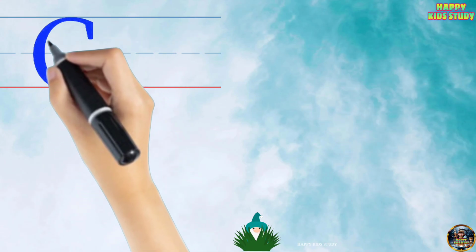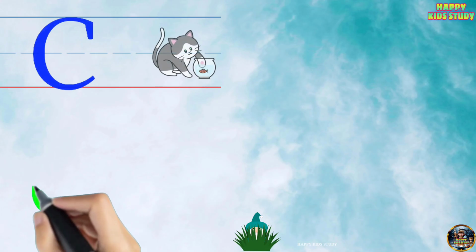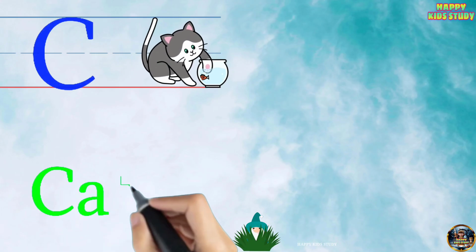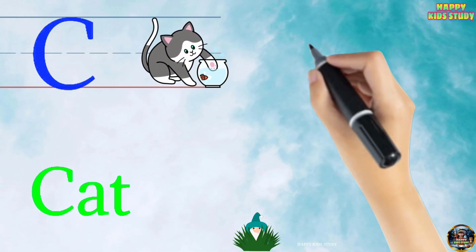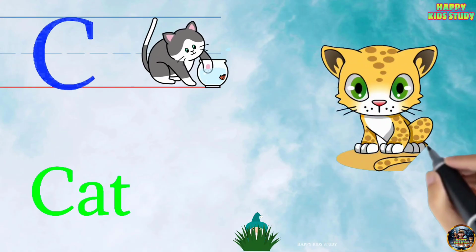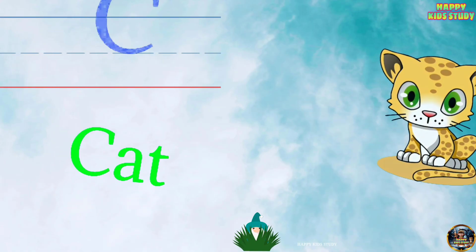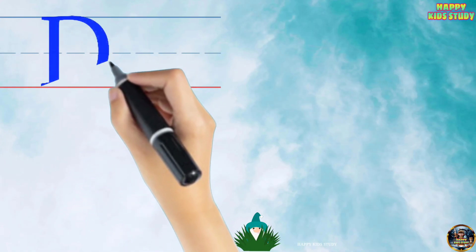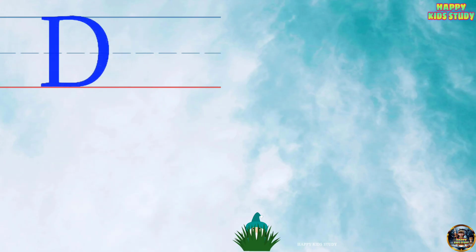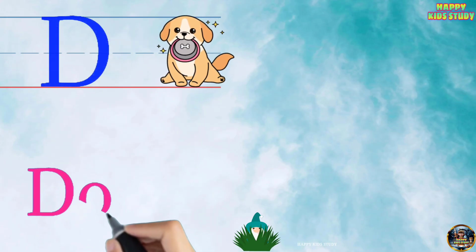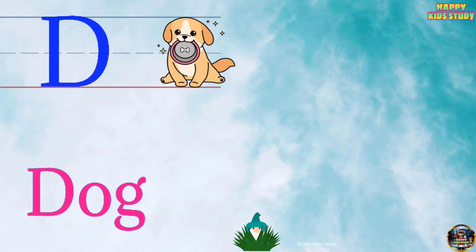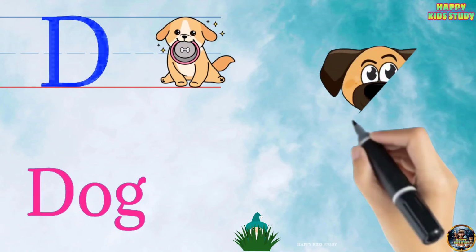C. C for cat. Cat means billy. D. D for dog. Dog means kutta.